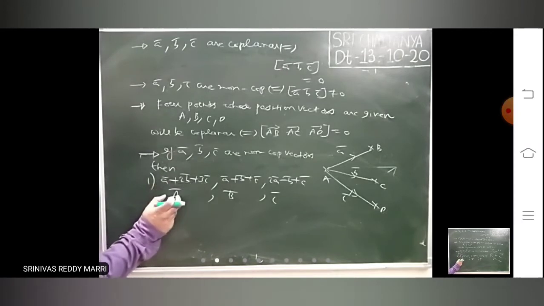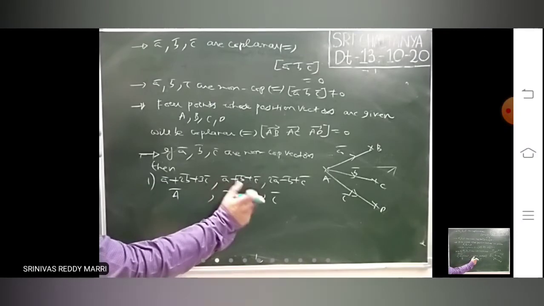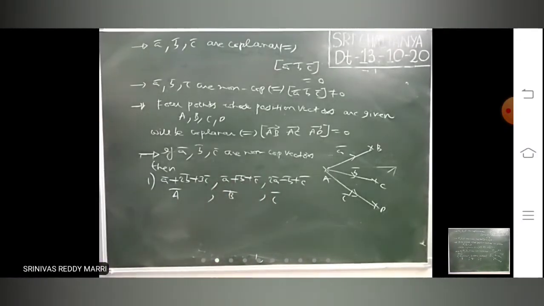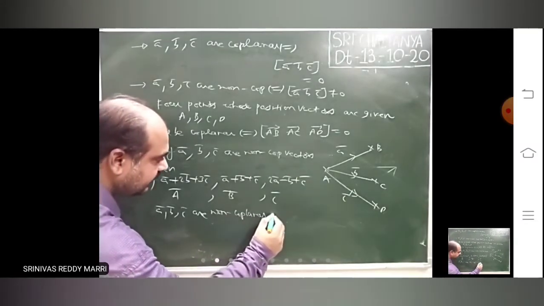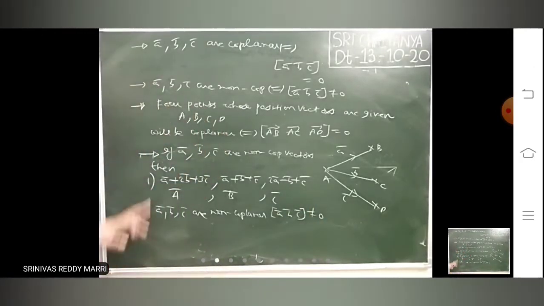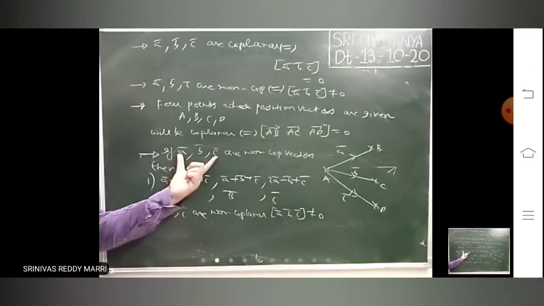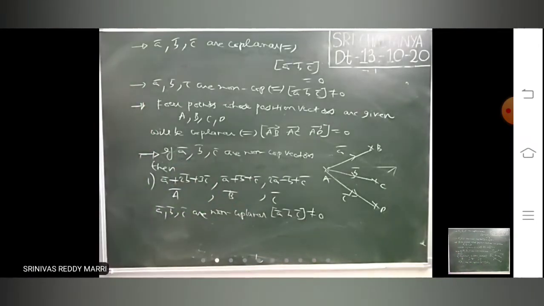Look, each vector is expressed in terms of 3 non-coplanar vectors, given that A, B, C are non-coplanar. That means box ABC is not equal to 0. Now I have to check whether these 3 vectors are coplanar or not. That means I will find this out.